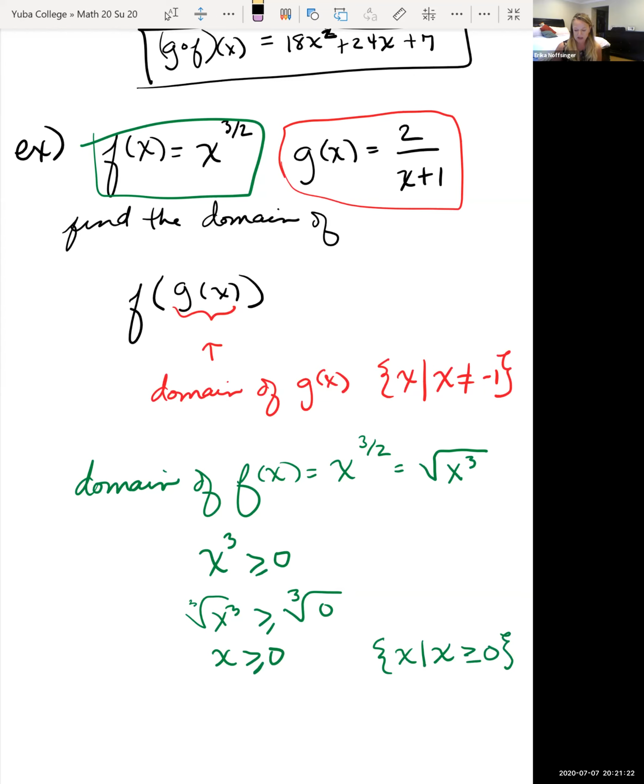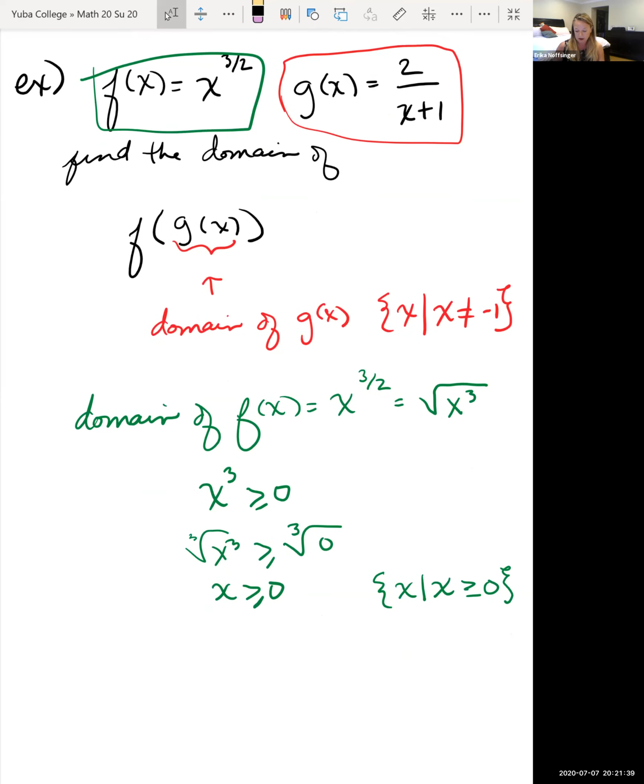The problem is when we plug in values for x for g of x, we might get spit out something that is negative. And if we spit something out that's negative, that's then going into the function f of x, and that's undefined. So because f of x has to be greater than or equal to 0, we have to look and say, okay, well then g of x.